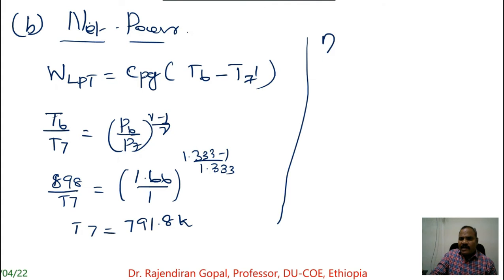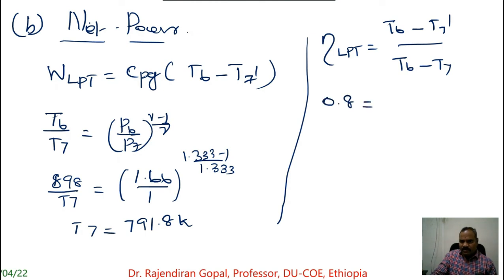We know that the isentropic efficiency of the low pressure turbine is equal to T6 minus T7 dash over T6 minus T7. That is, 0.8 is equal to 898 minus T7 dash over 898 minus 791.8.